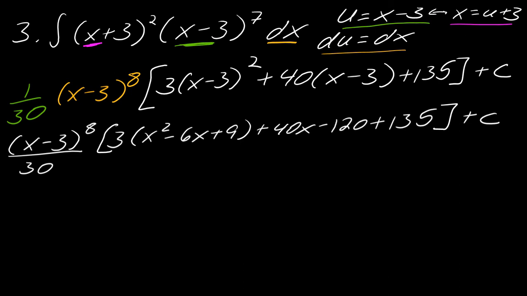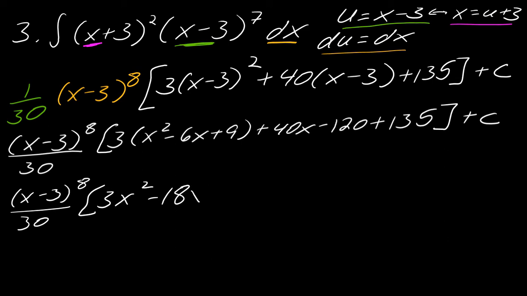Okay, so now I've got x minus 3 to the 8th over 30 times 3x squared minus 18x plus 27 plus 40x, and then let me combine the minus 120 with the 135, so that becomes plus 15.